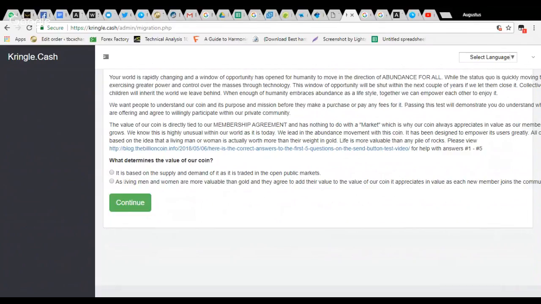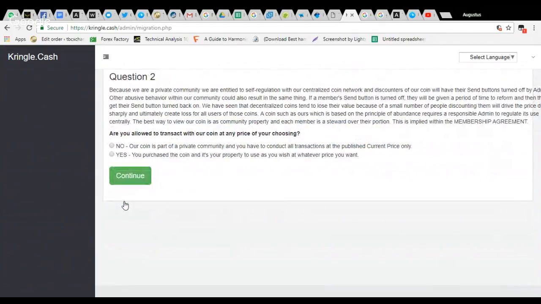So the first answer, that it is based on supply and demand as it is traded on the market, is no. The second answer is, as living men and women are more valuable than gold, they agree to add value to the value of their coin. So that is the purpose of our coin. We will click that and then we continue.